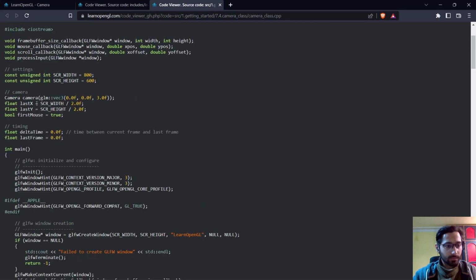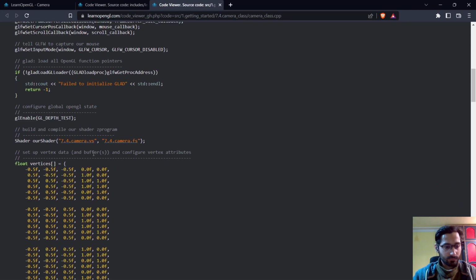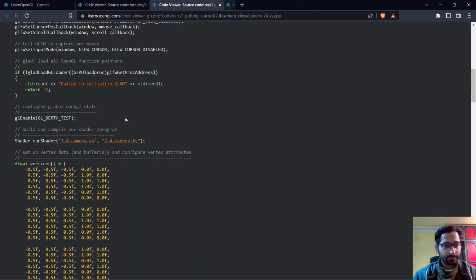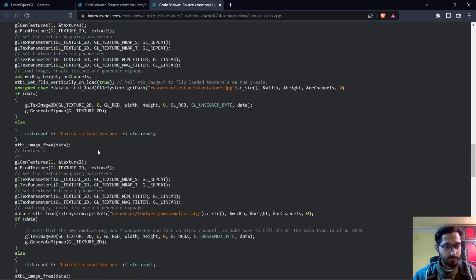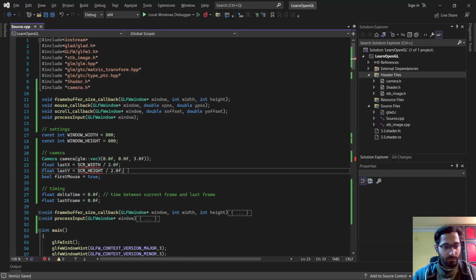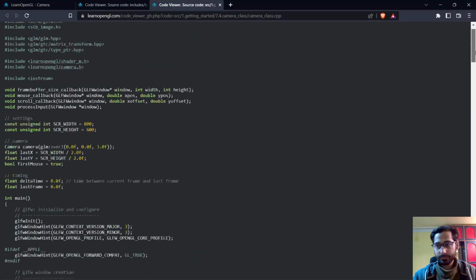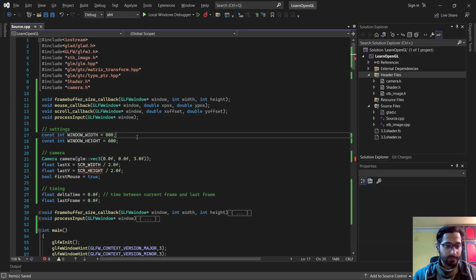All right. So for the camera object, okay, it has a different. What else are we doing? Screen width and screen height. I'm just calling it window width. Oh, I guess window width is more appropriate.